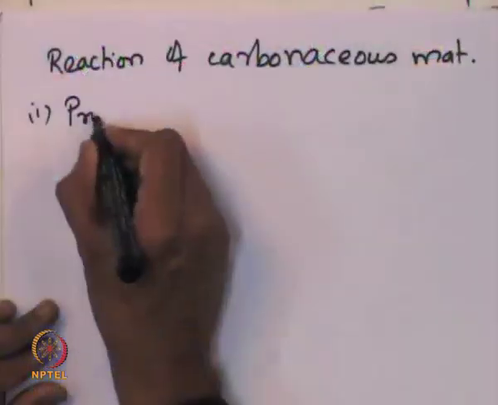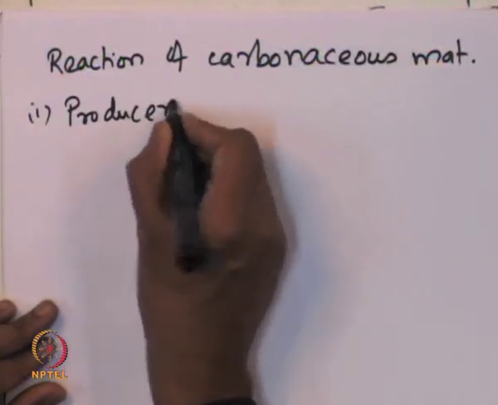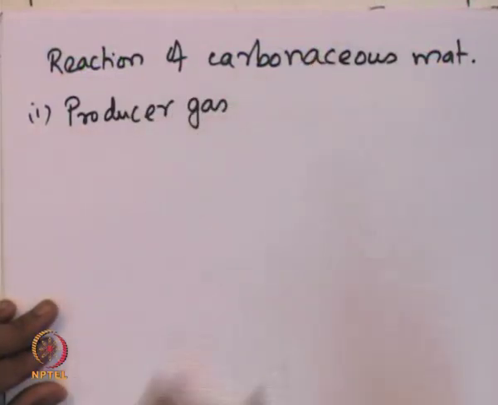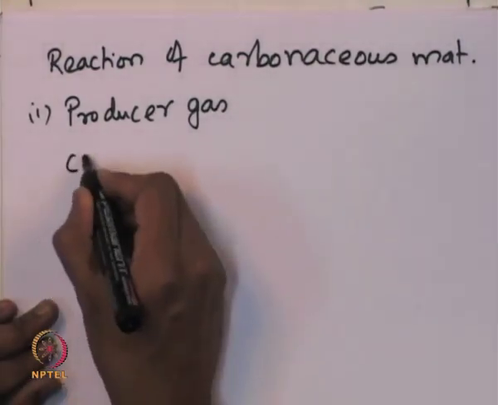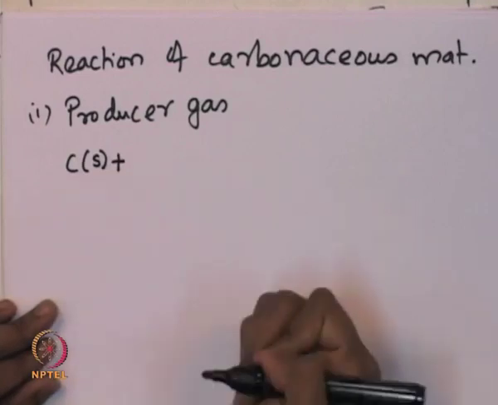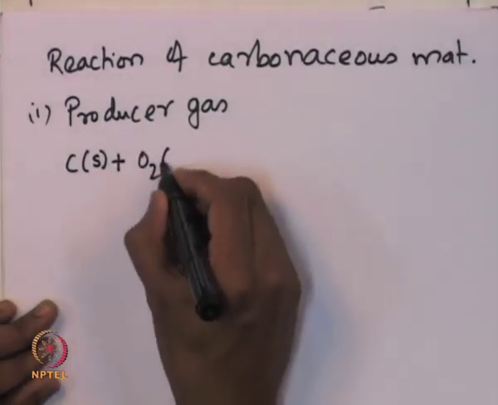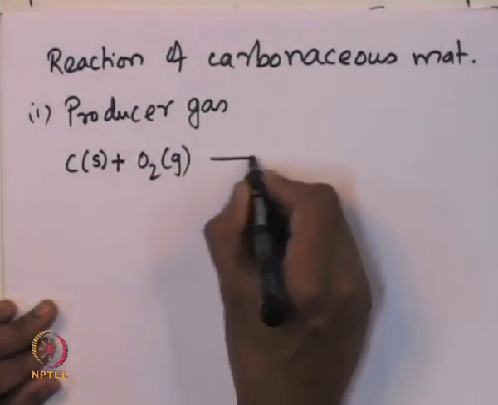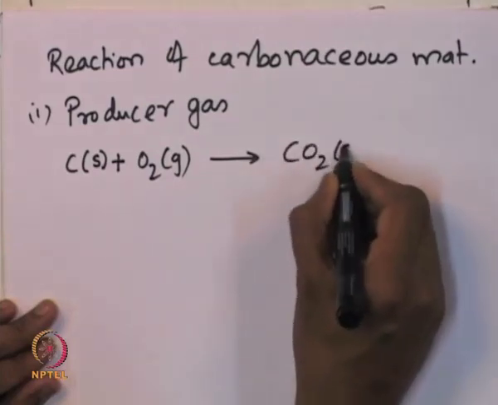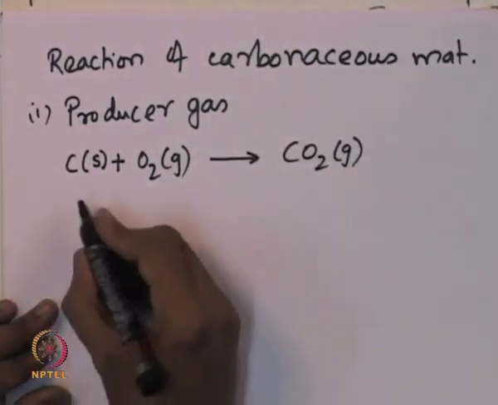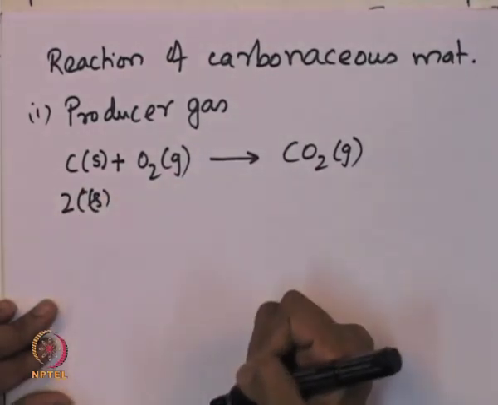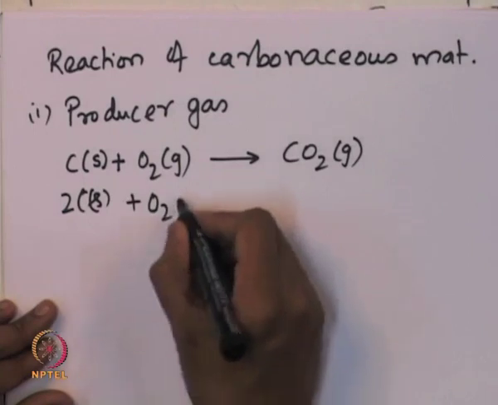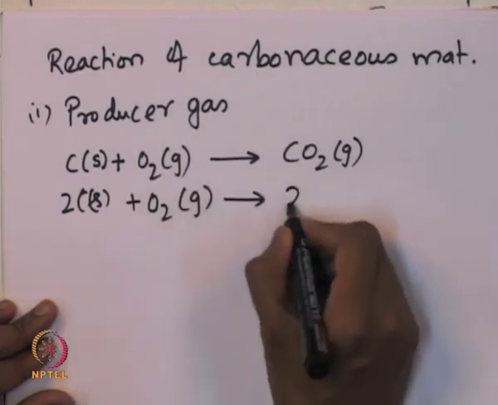A nice example of that is the production of producer gas, and this is generally performed at air limiting conditions. The reaction scheme is that carbon, which is present in the solid form, reacts with oxygen in the gaseous form, and that leads to the formation of CO2 in the gas form. Similarly, another scheme which occurs simultaneously is carbon reacting with oxygen to form carbon monoxide.